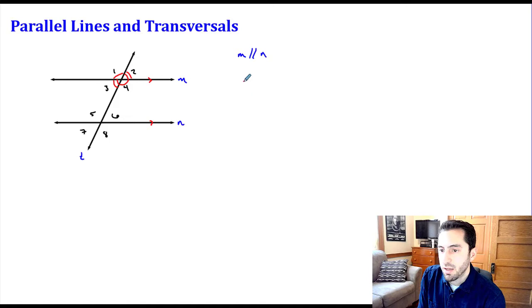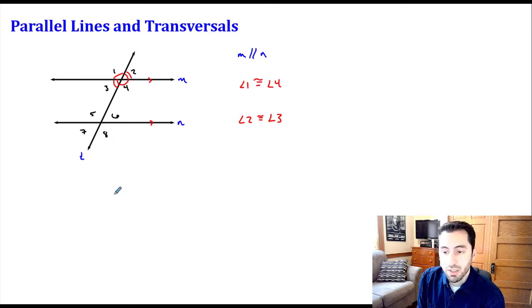So we know that angle 1 is congruent to angle 4, and we also know that angle 2 is congruent to angle 3 because these are vertical angles. And we actually have the same relationships down below here for 5 and 8 and 6 and 7.